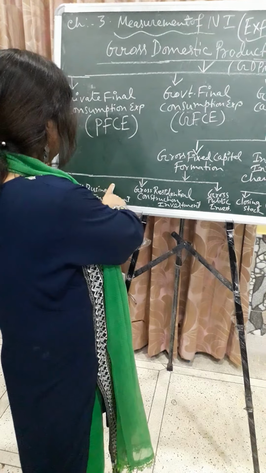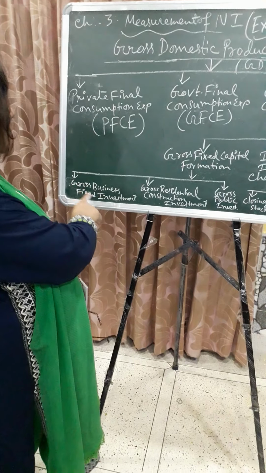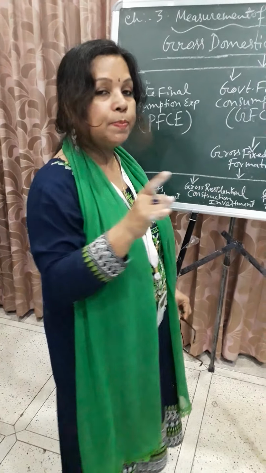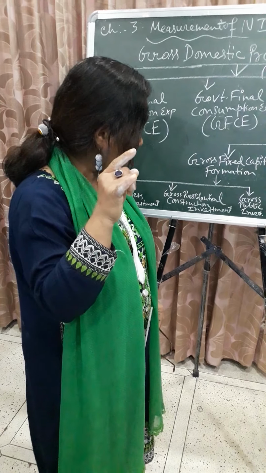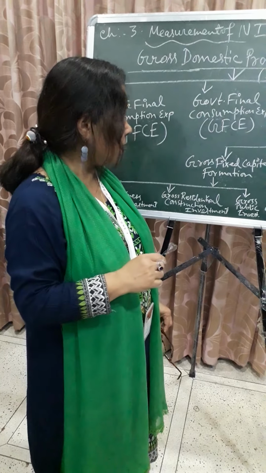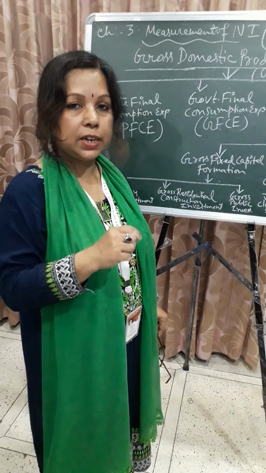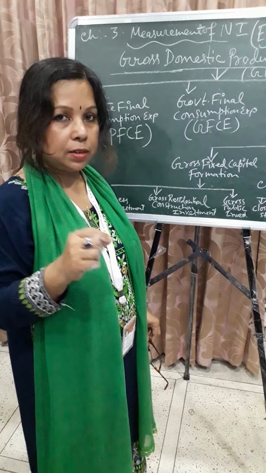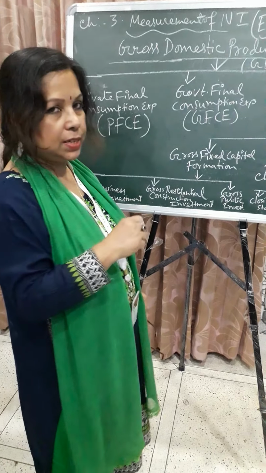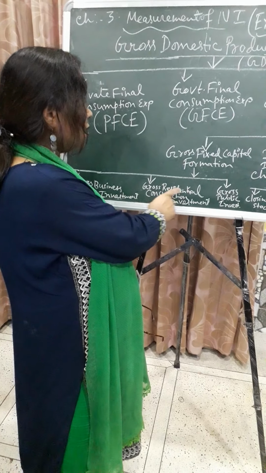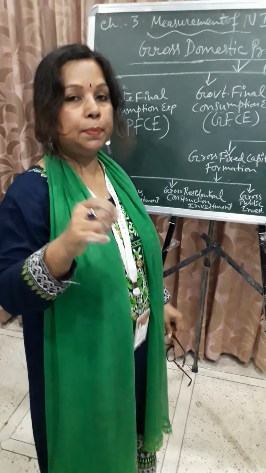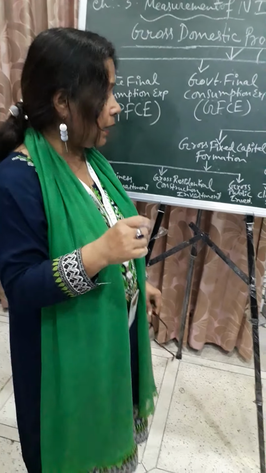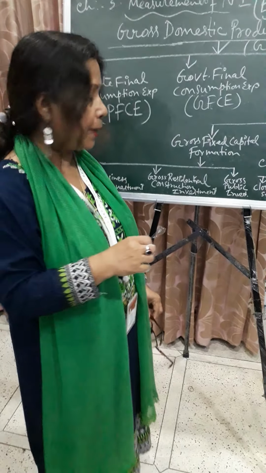Number one, gross business fixed investment, which is the expenditure on purchase of machinery and equipment for business purposes. And gross residential construction investment, which means the purchase of new house buildings for production purposes.